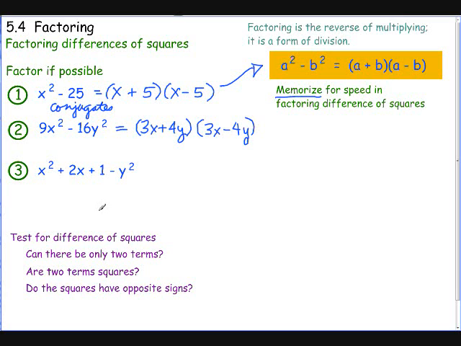How about this one? So interesting. Is it possible that I've got differences of squares here? You know, it is. If I rearrange this, you may see what I see. I'm going to change colors.